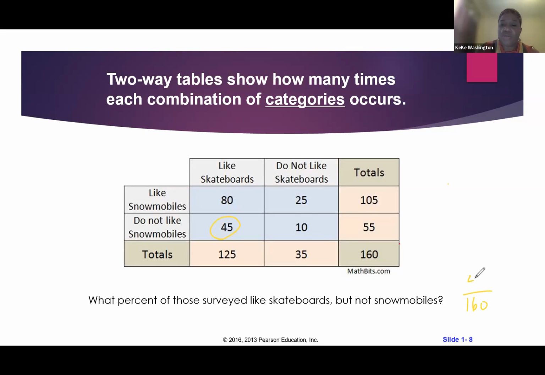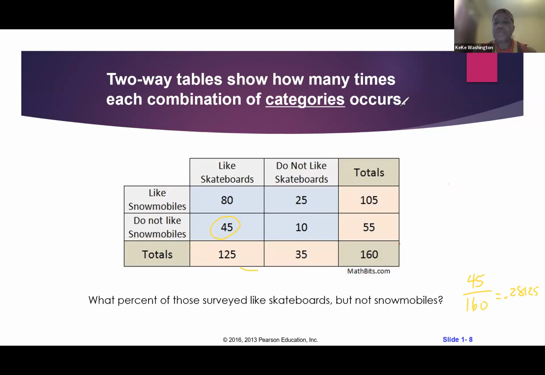So 45 out of the 160. Now you have to be able to convert that to a decimal. You want to make sure that you round the decimal correctly, because if not, my stat lab will mark your answers wrong. So 45 out of 160, the value is 0.28125.